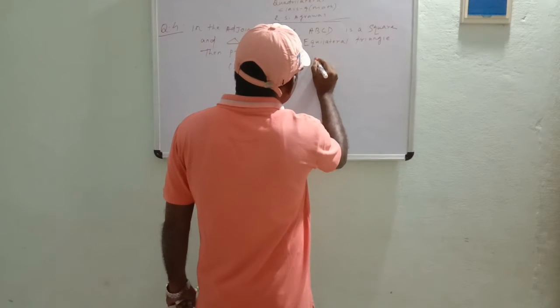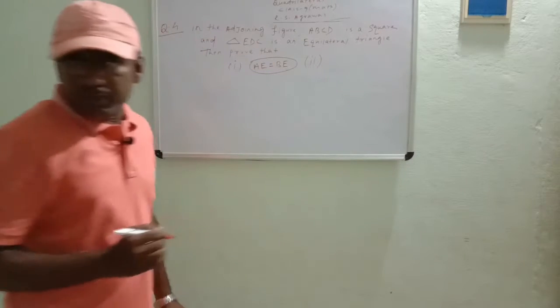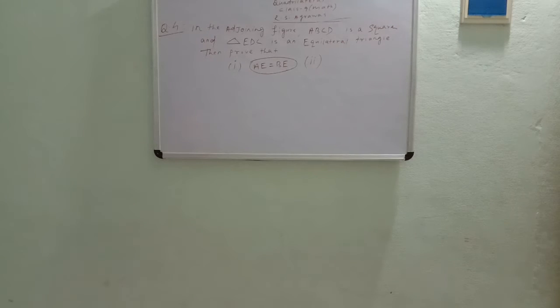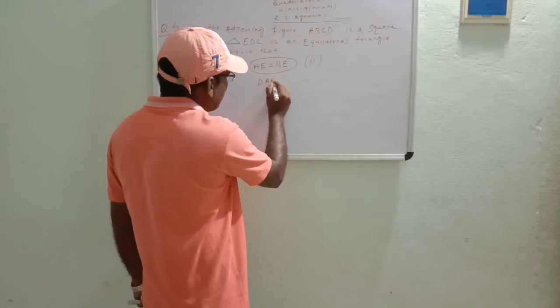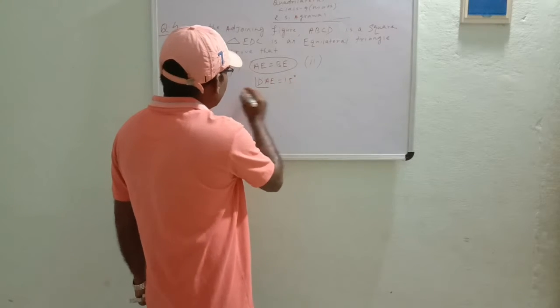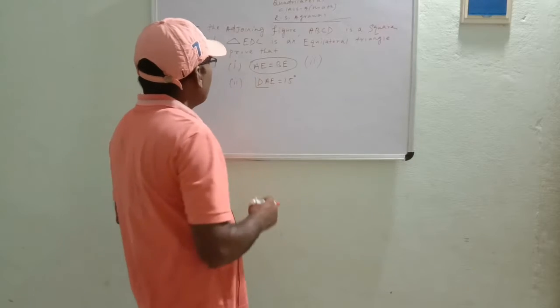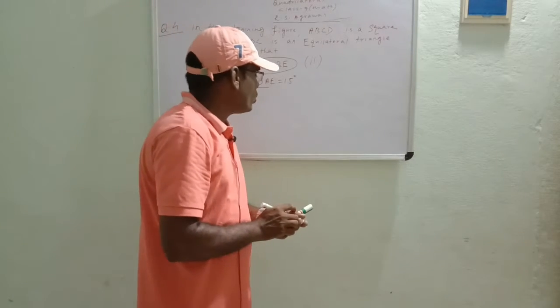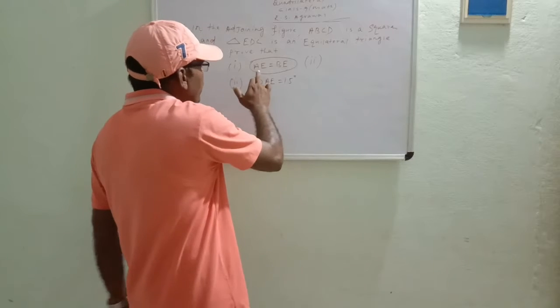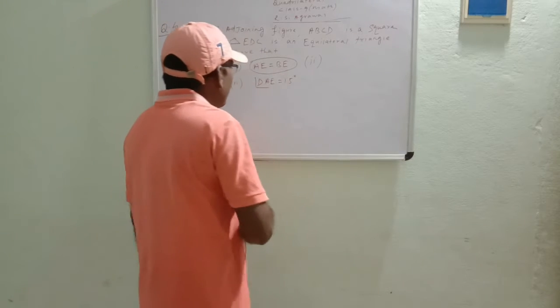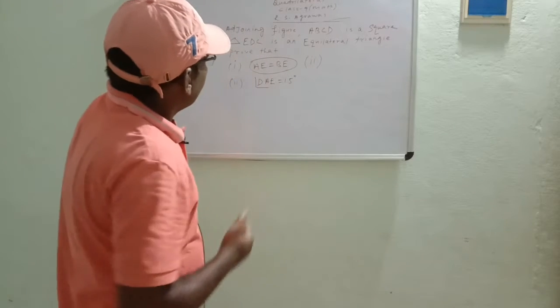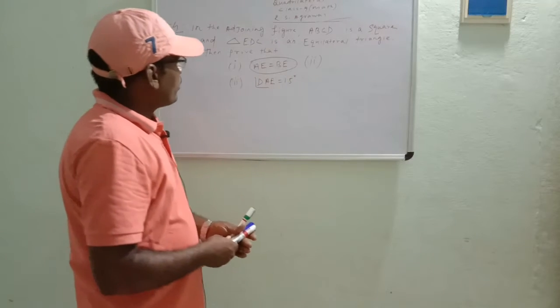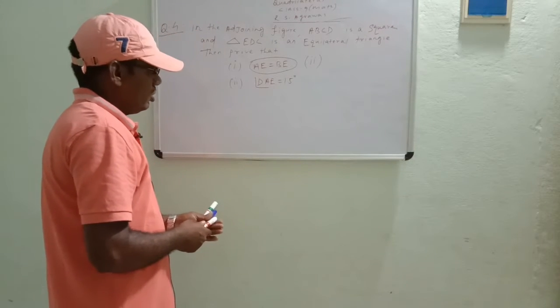And the second proof is that angle DAE is equal to 15 degree. It is the second proof. So in this question there are two proofs you have to do. Number one, AE equal to BE, and number two, angle DAE equal to 15 degree. So before starting the proof, first draw the figure.